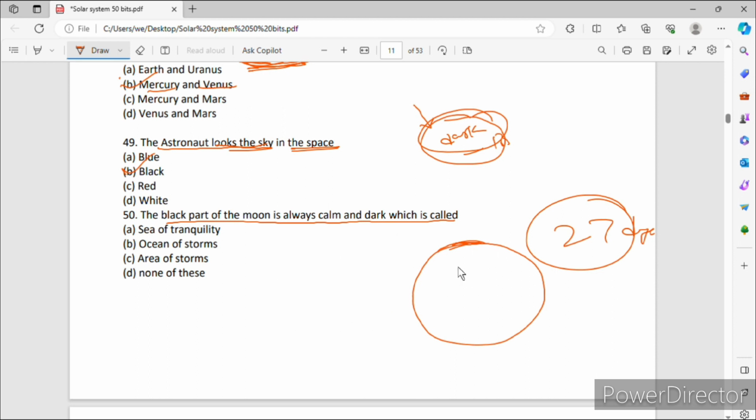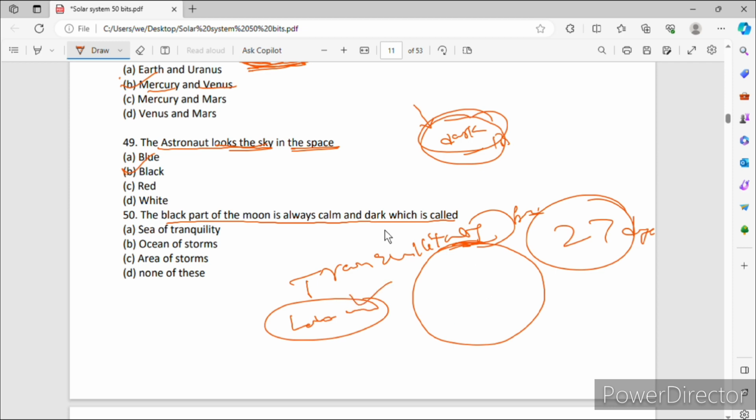In that part there is a place called Tranquillitatis basin. This patch is sometimes visible as a blue color, and it is a lunar mare. Due to this, the black part of the moon is always calm and dark, and it is simply called the Sea of Tranquility.